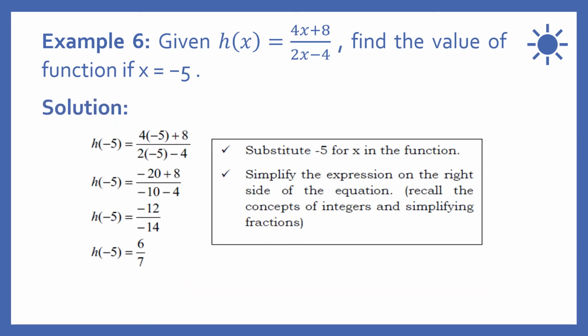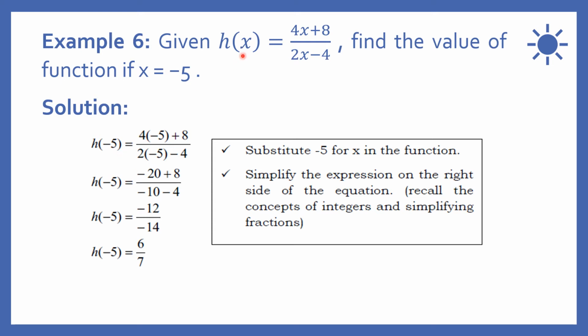Solution, sabi dito, substitute negative 5 for x in the function. Same procedure pa rin tayo. So, dito sa mga x's natin, ipapalit natin yung negative 5. And then, simplify the expression on the right side of the equation. Recall the concepts of integers and simplifying fractions.